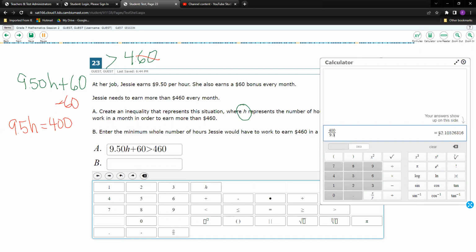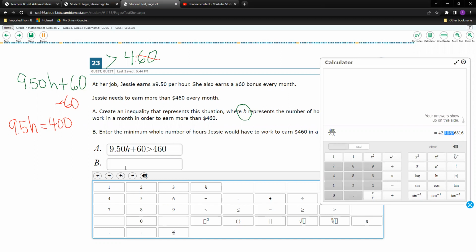Okay, so it says 42.1. Will 42.1 be enough? Or do we need 43? Will 42 be enough? No, 42 is not enough because you have a little extra there, so she needs to work more than 42 hours. Remember, this is greater than that. So my answer has to be 43, obviously.